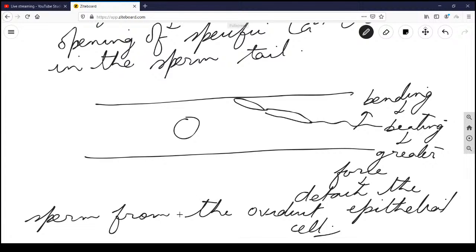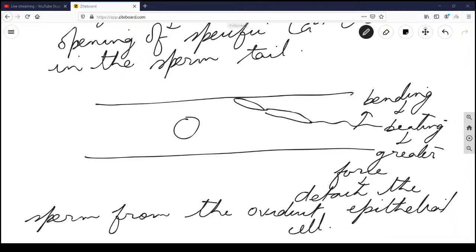So this hyperactivation causes the release of the sperm from the binding with the oviduct epithelial cells. Only the hyperactivated sperm are observed to be able to detach and continue their journey to the egg.